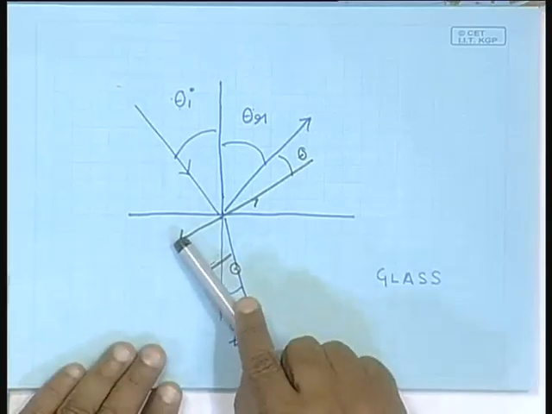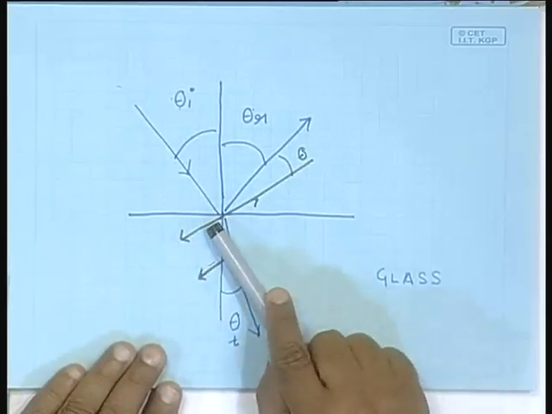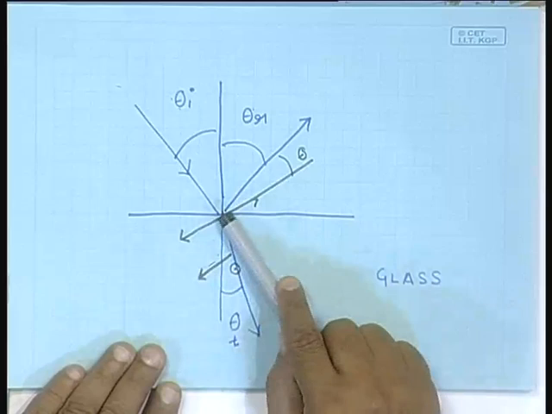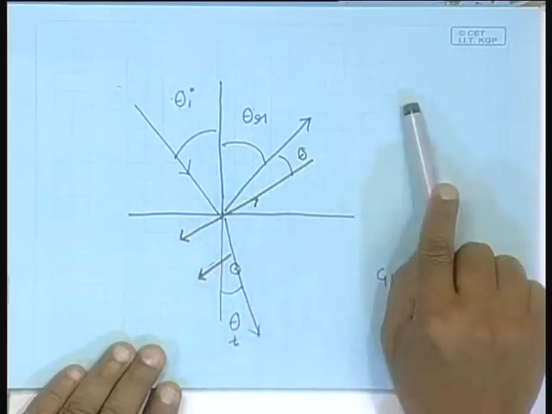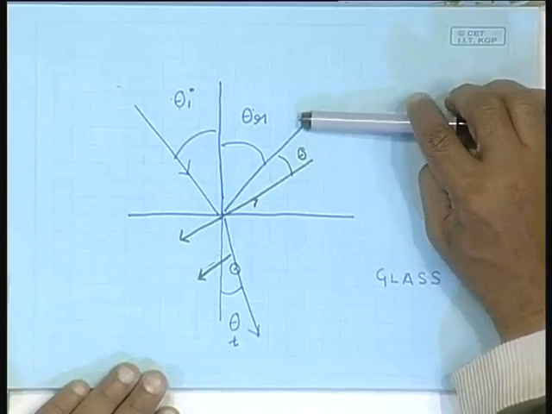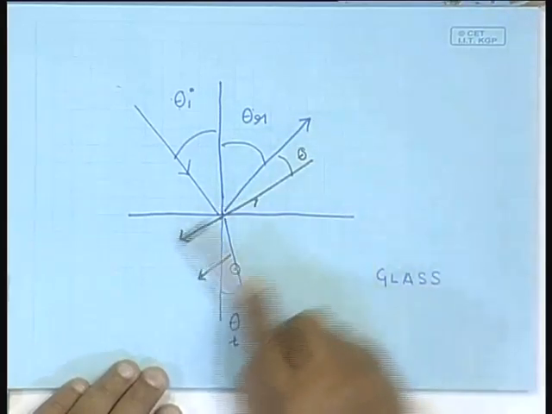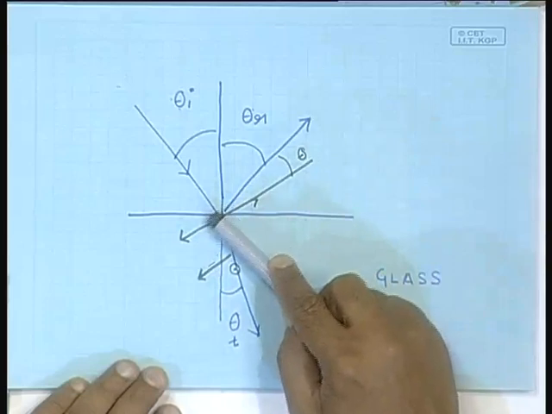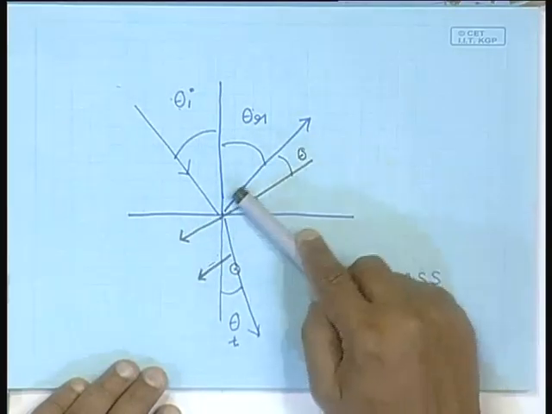Now, we know that an oscillating dipole does not emit any radiation in the direction of oscillation. So, what we can say is that when this angle theta becomes 0, this particular oscillating electron is not going to emit any radiation which is to be reflected.